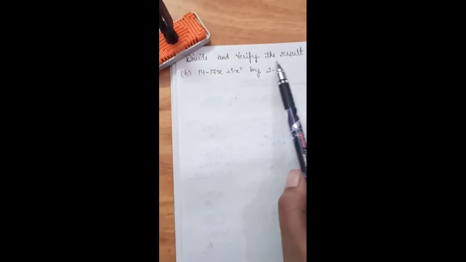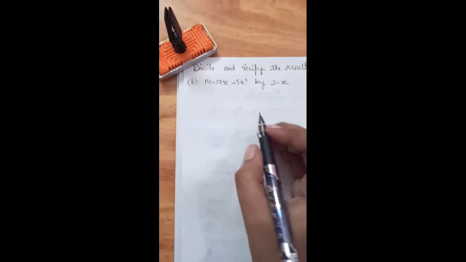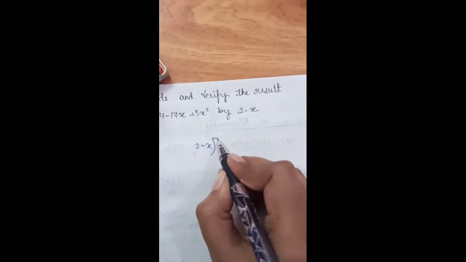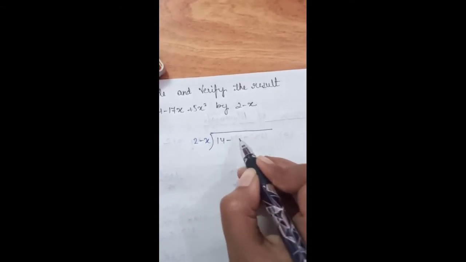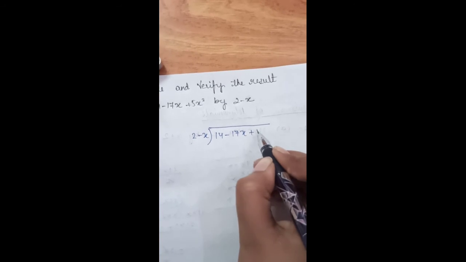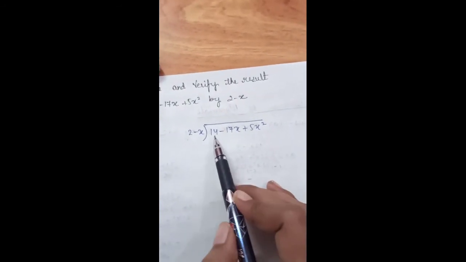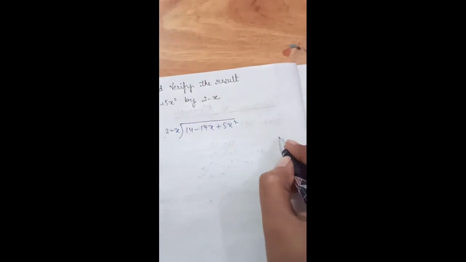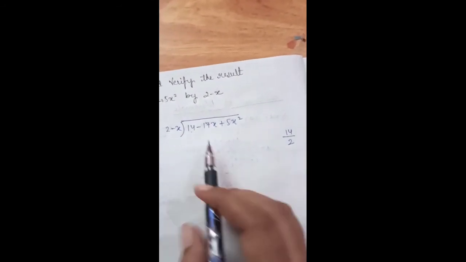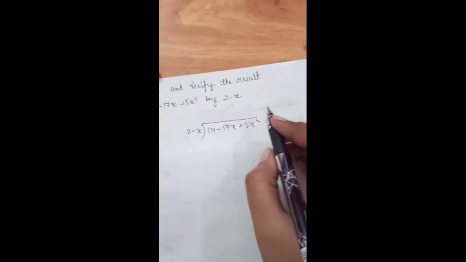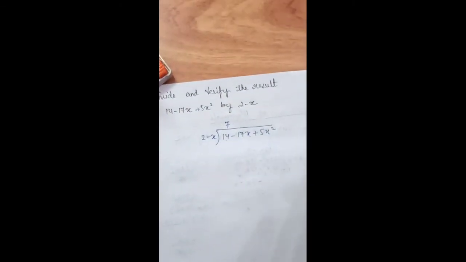Okay, now this question: divide and verify the result. First we divide it and then we verify it. Write 2 minus x and then 14 minus 17x plus 5x square. Now divide the first term, that means we divide 14 by 2. So what do we get here? 7. We write this in the quotient.